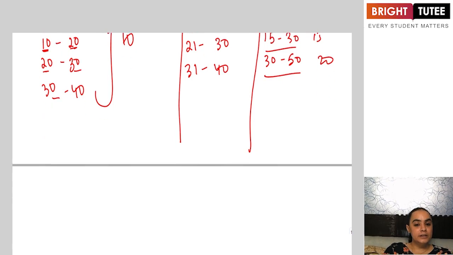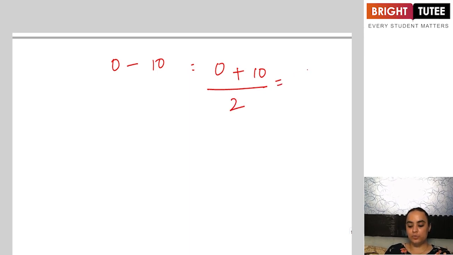How to calculate the midpoints now? The first class interval was 0 to 10. How do I calculate the midpoint? The lower limit plus the upper limit divided by 2, which is 5. So the midpoint of the first class interval is 5. Second was 10 to 20, so the lower limit plus the upper limit divided by 2.